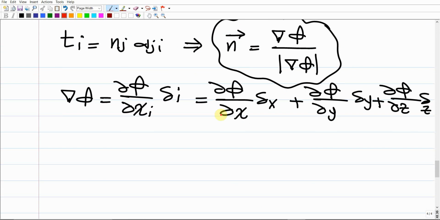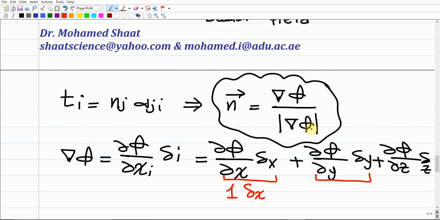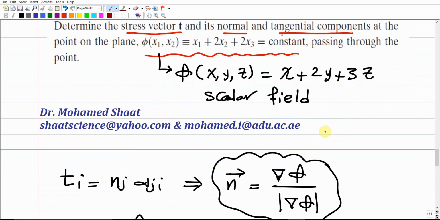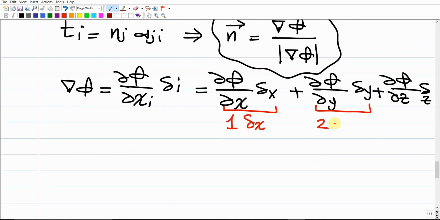So the partial derivative of phi with respect to x gives 1, which means this term will become 1 delta x. But how about this term? The partial derivative of phi with respect to y: there is no y here, so this term will be 0, there is no y here, this term will be 0, there is y here, this term is going to give us just 2. The derivative of 2y gives 2 delta y.